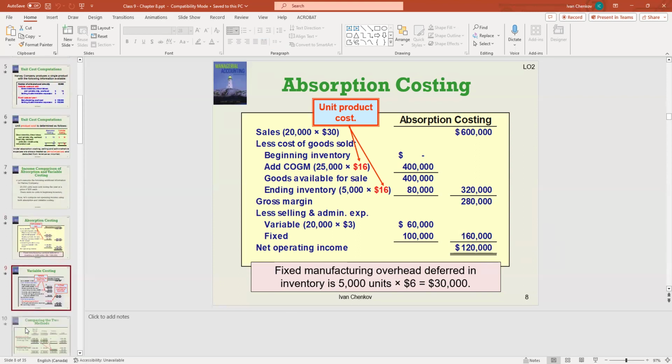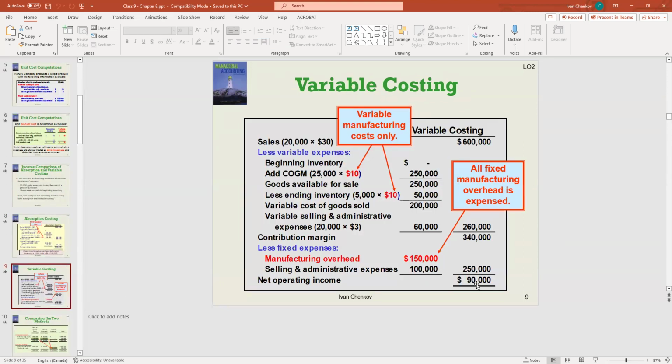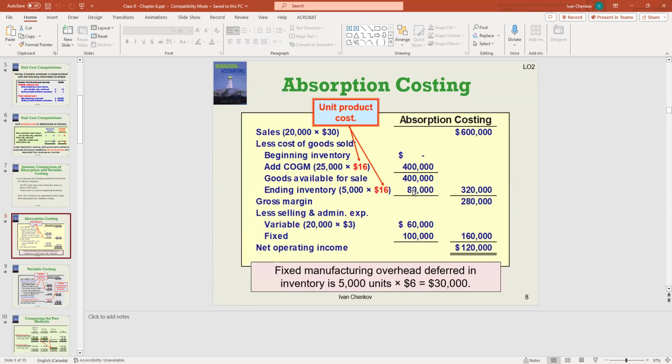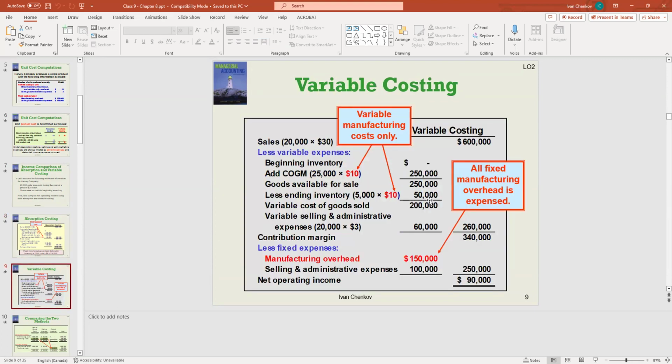So in variable costing we expect to see $30,000 less income, which is exactly what's happening. Again, why? Because our ending inventory under variable costing is exactly $30,000 cheaper than absorption, and the $30,000 just moves to the operating expenses as part of the fixed expenses.